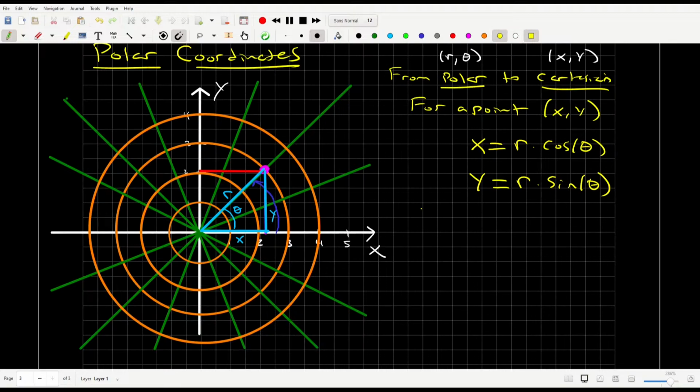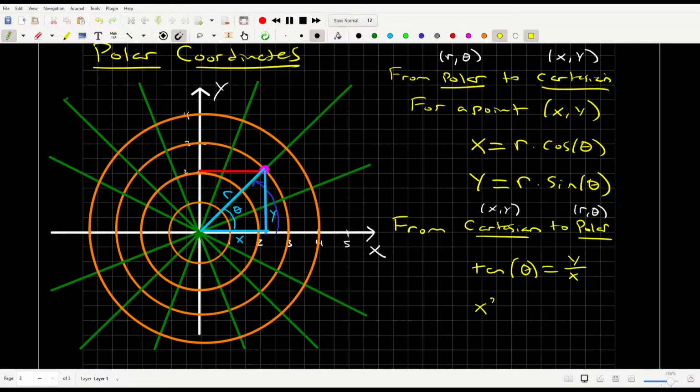And furthermore, if we want to go from Cartesian coordinates to polar, or values of x comma y to values of r comma theta, the defining equations are going to be tan of theta is equal to y over x, and x squared plus y squared is equal to r squared.